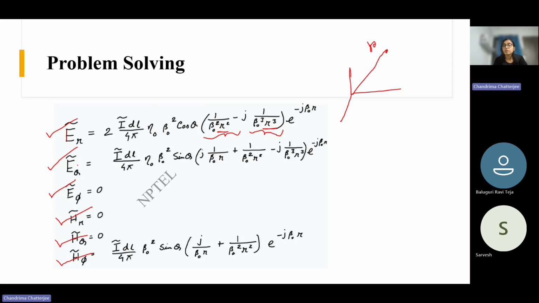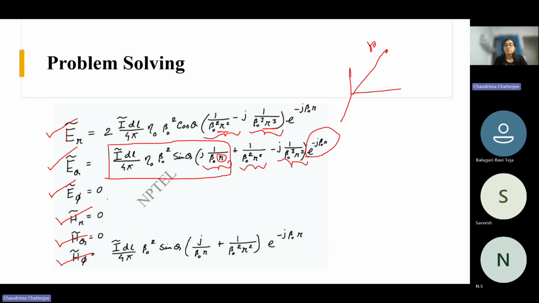But when we are talking about E theta, in that case we have 1 by beta naught r. There is only r, so we can't neglect it. This part and this part we can neglect, obviously, for the same reason, but this component we will have to consider. So your E theta will be this much, and obviously the phase term will be there along with that.